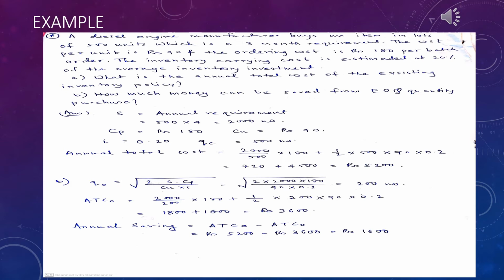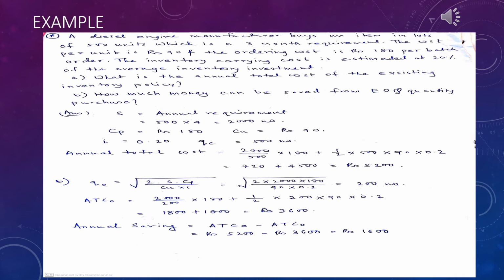And going back to the formula of inventory carrying cost, half into Q into CU into I, we replace the figures: Q is currently 500 per batch, CU is 90 per unit and I is 0.2.